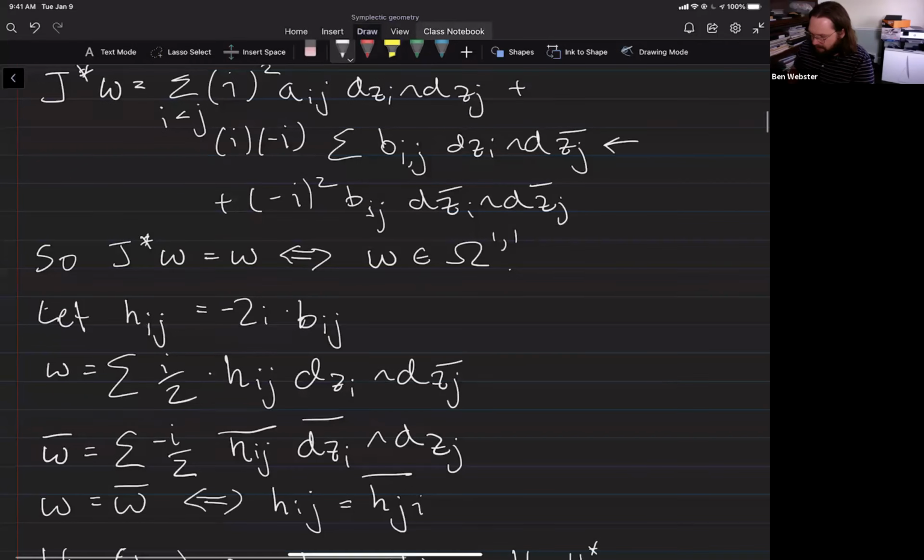And for normalization reasons, I had put these functions b_ij in there, and I want to multiply that by -2i. We'll see in a moment why people prefer that. And I can rewrite my form in terms of these h's.